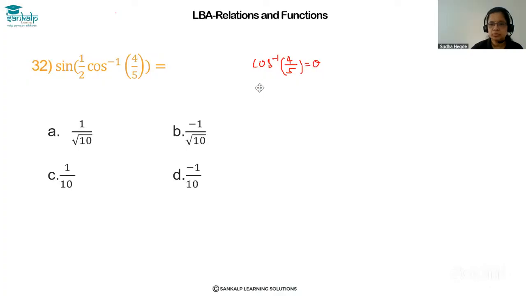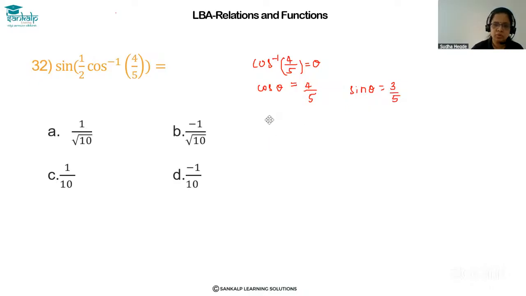Okay. So cos theta is equal to 4 by 5. So cos theta is adjacent by hypotenuse. So opposite will be 3. Therefore sin theta is equal to 3 by 5.